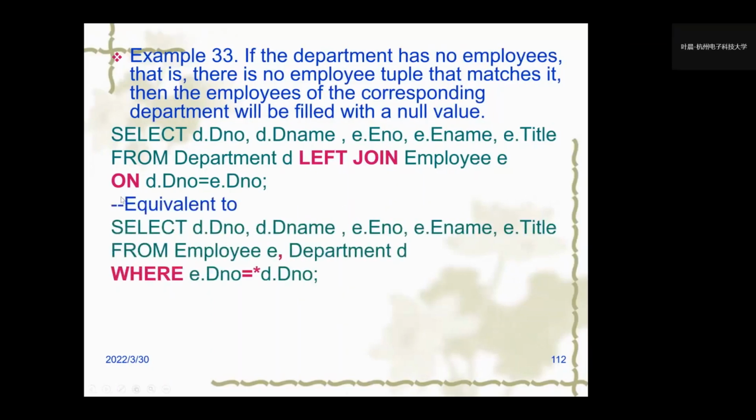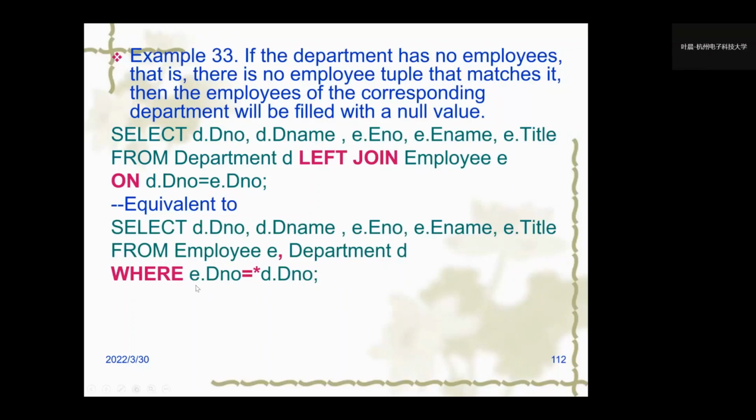So this SQL is also equal to: select D.dno, D.dname, E.eno, E.ename, E.etitle, which is the same as the above SQL, from employee E, department D, where we only use a comma, which means it's a cross join, and we show the condition of the left join after the where phrase.